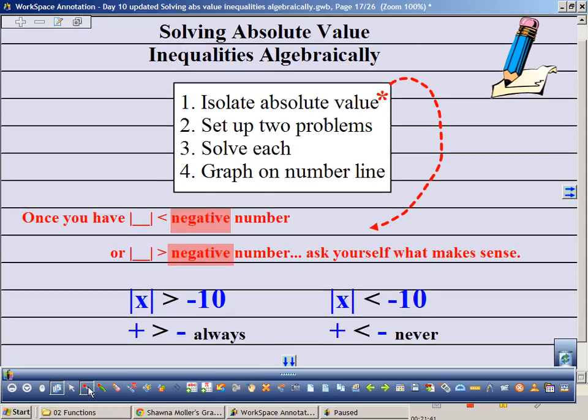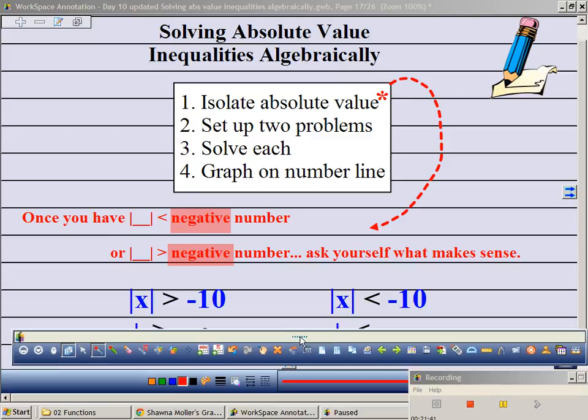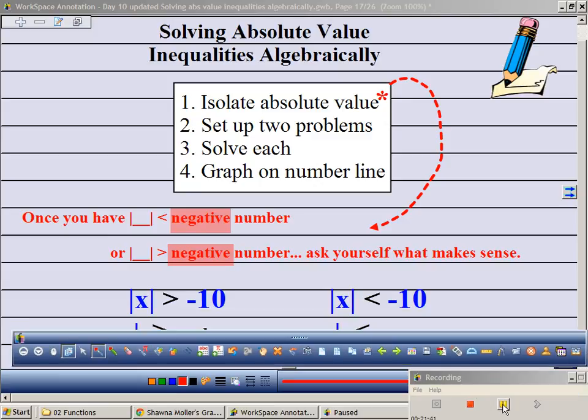So can a positive number be greater than a negative number? Yes, always. Can a positive number be less than a negative number? Never. Okay? You can go ahead and get that in your notes, and then you've got your homework now, so do number 4, and then we'll do it together.